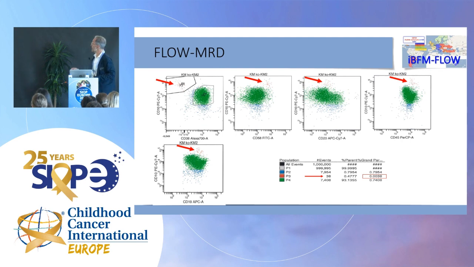And then at the end, if you have a good selection of markers which are really discriminative, green are the background B cells, red are the few residual leukemic cells, and you really can find out how sensitive this assay can be. It depends on the cell numbers you acquire. Nowadays it's thought to have 2 million cells, 4 million cells, so it depends on what sensitivity is needed.